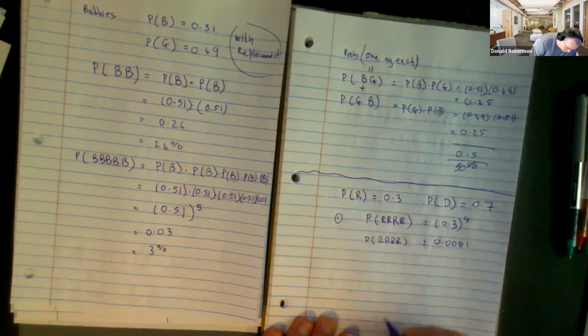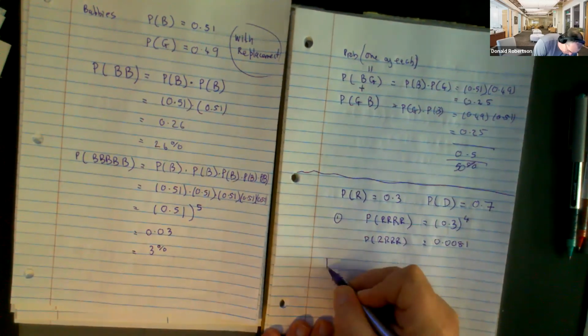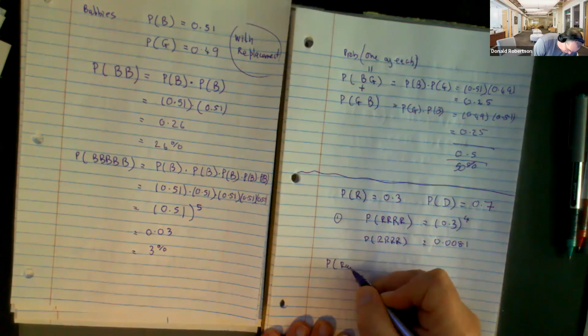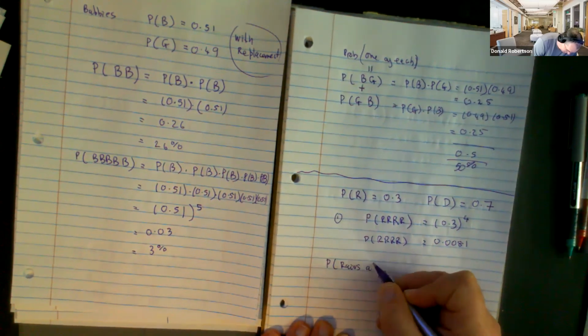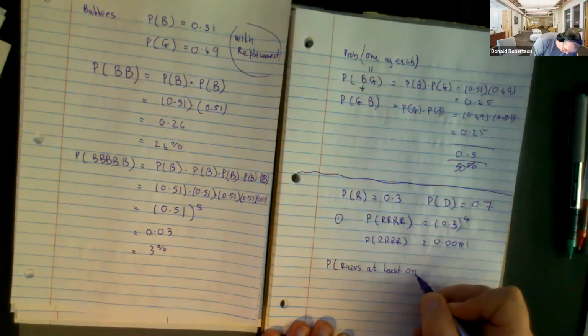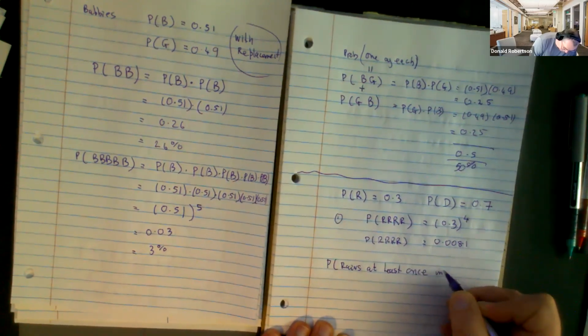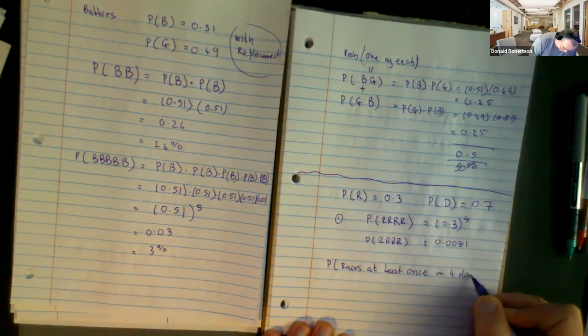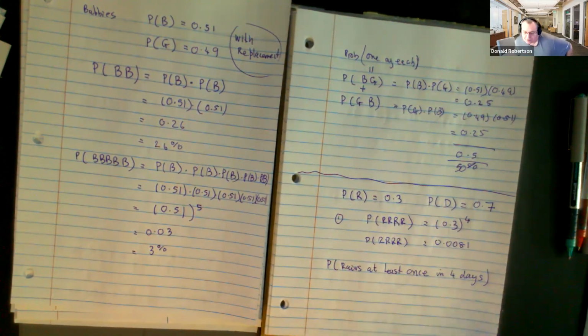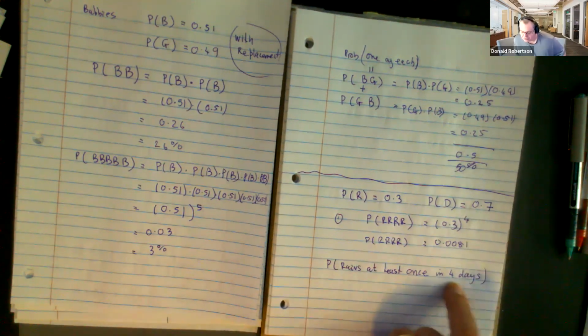And now the weird question. What's the probability that it rains, here's the fancy word, at least once in 4 days? Now, if you ever see a question where it says at least once, then you're into this very special situation.